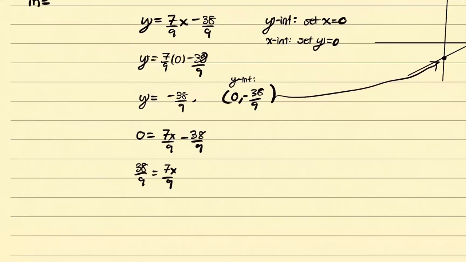And I can actually cancel these 9s, because I can multiply by 9 over here, and it would cancel with this 9 and this 9. So 38 is equal to 7x. Divide by 7 on both sides now, and x would be 38 over 7.